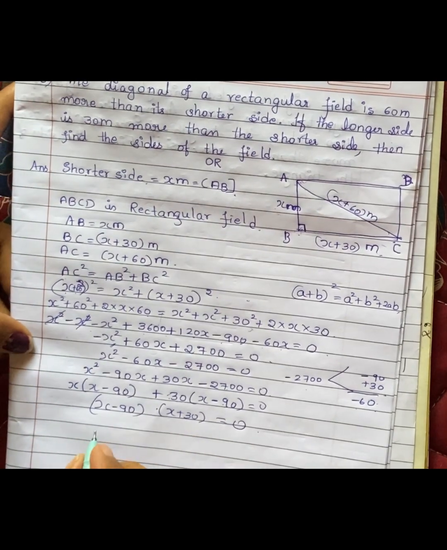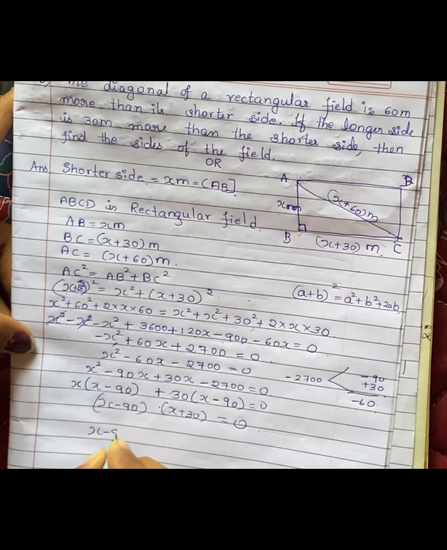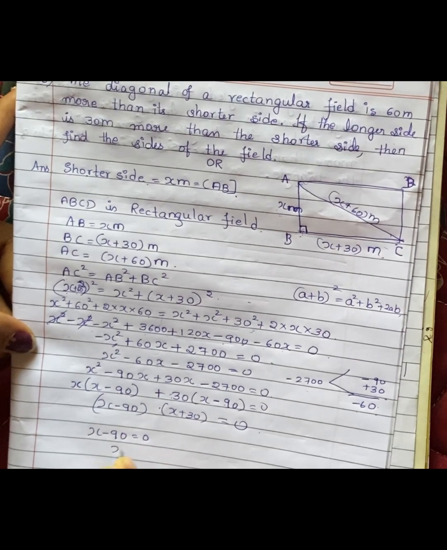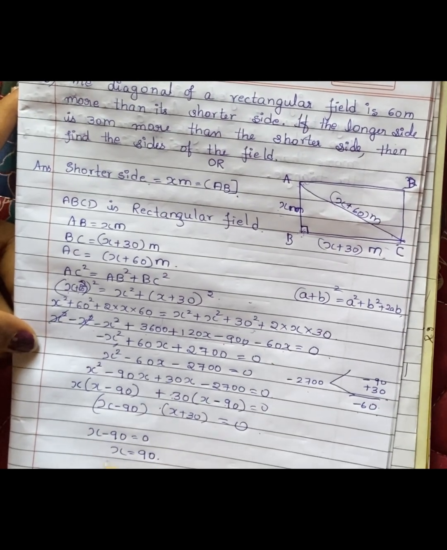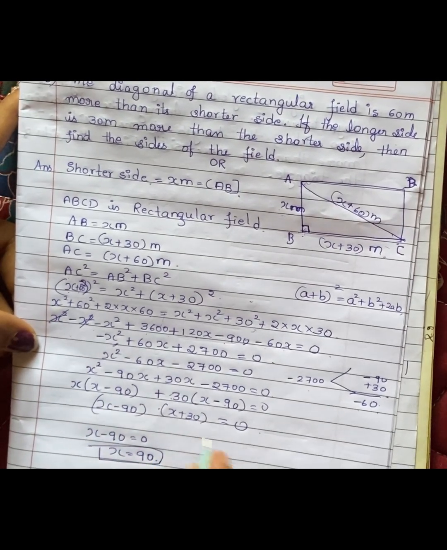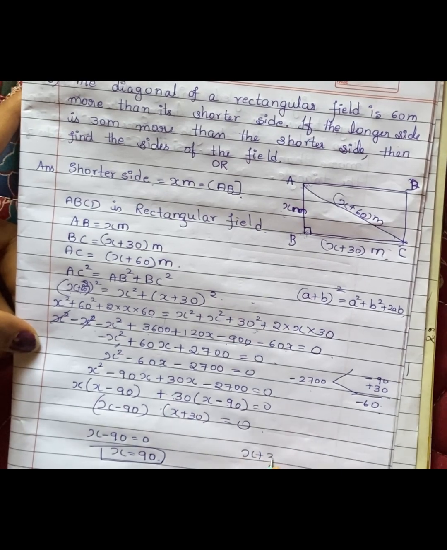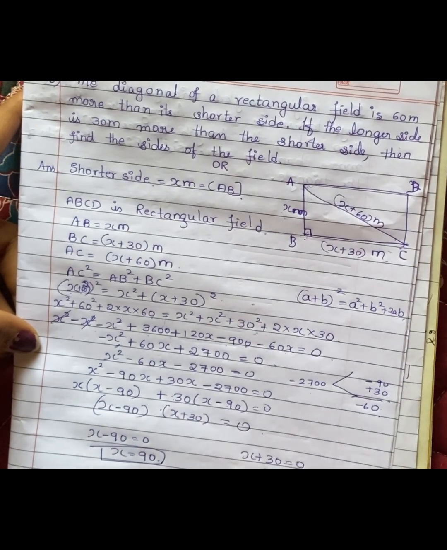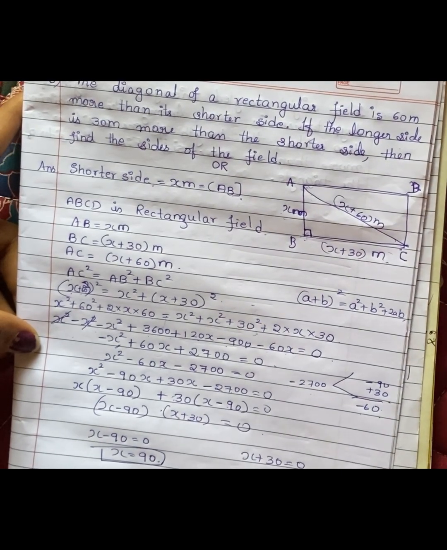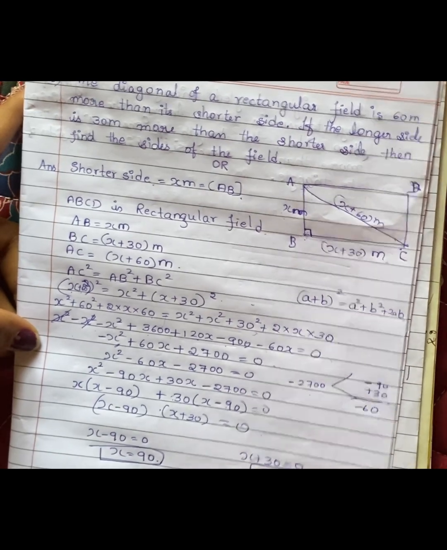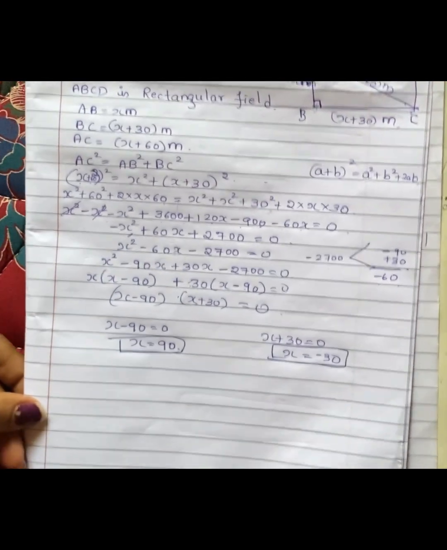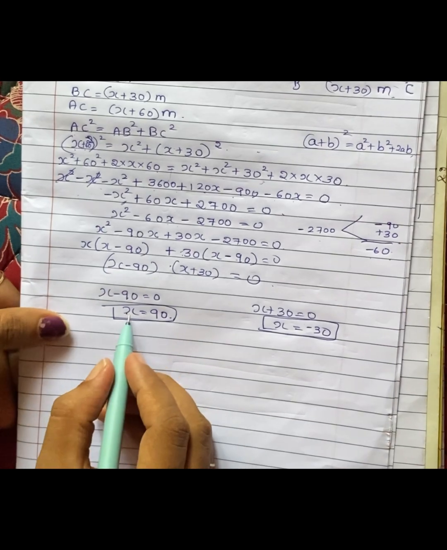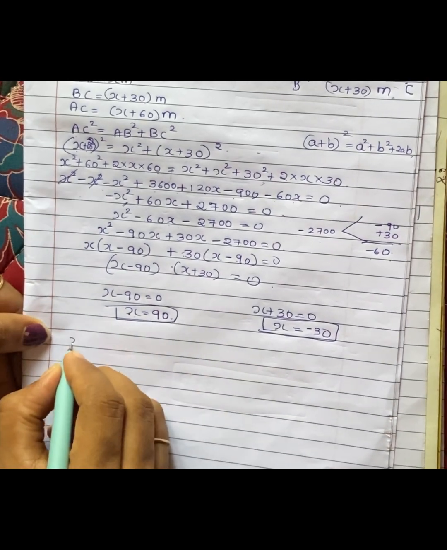To find the value, x minus 90 is equal to 0, so x is equal to 90. This is one value. The other, x plus 30 is equal to 0, so x is minus 30. We need to take any one of the x values, so I'll take x as 90.